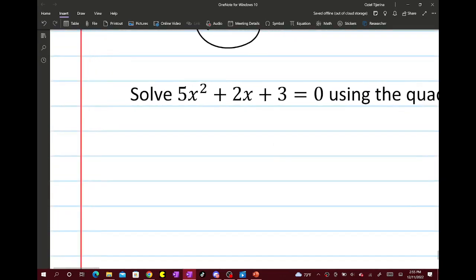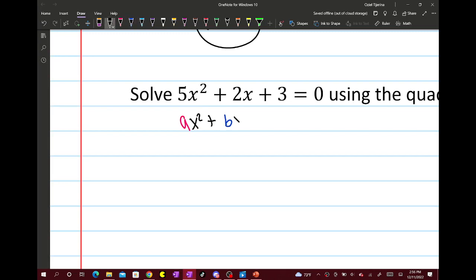So here, this is, like I said, of the form ax squared plus bx plus c equals 0, right? So obviously here a is equal to 5, b is equal to 2, and c is equal to 3.